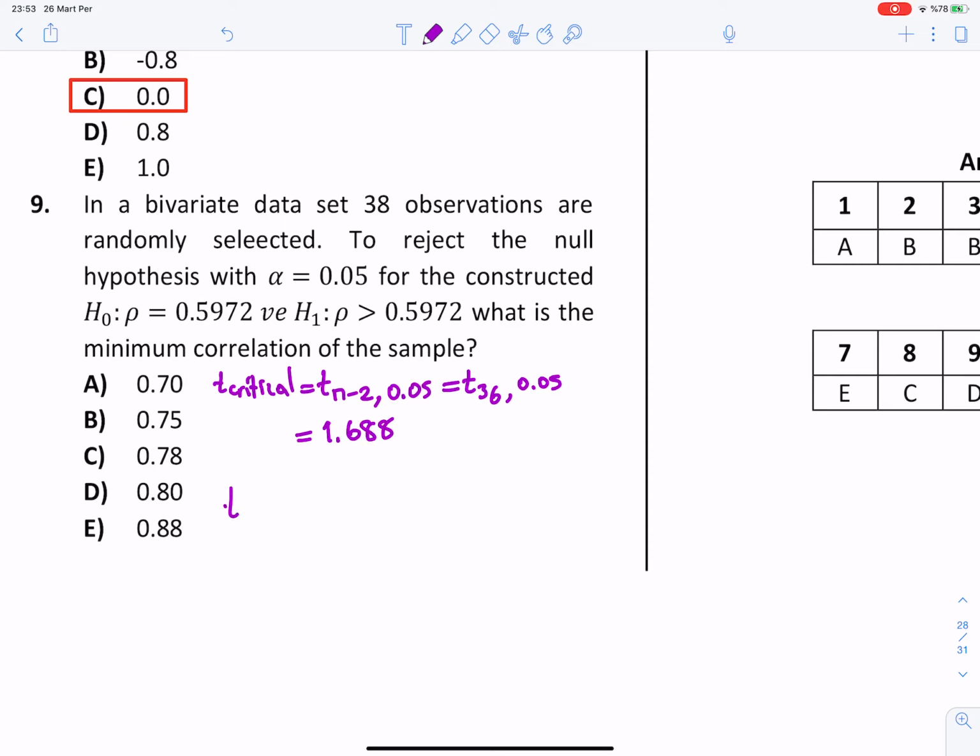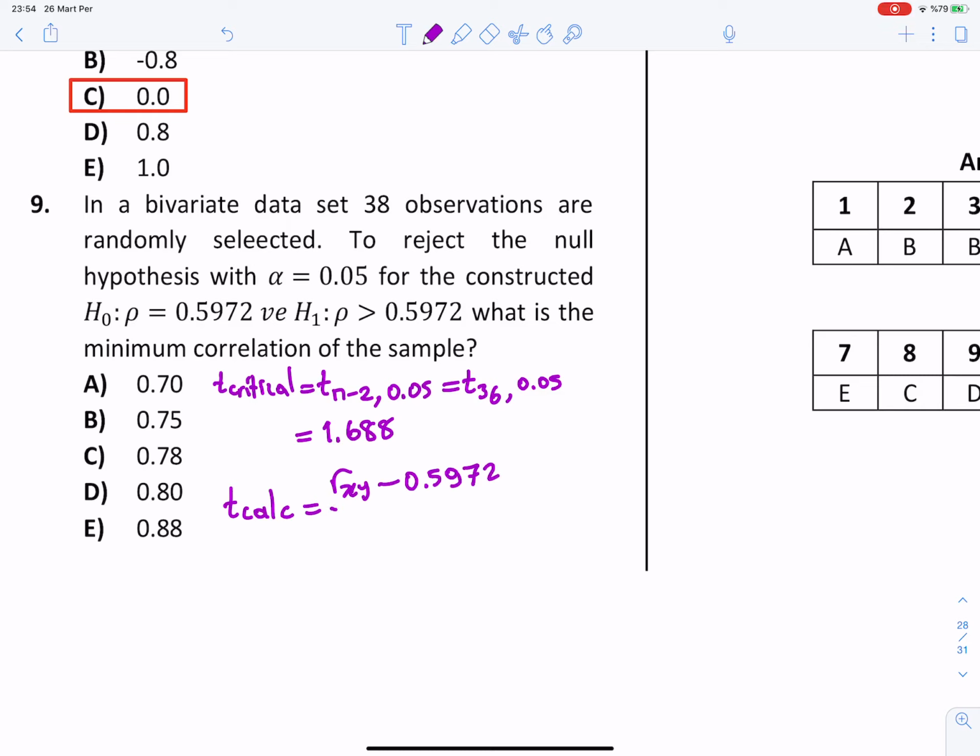I will know that the t calculated statistic, for rejecting the null hypothesis, should be at least 1.688 to get the minimum correlation. So the minimum correlation, the sample correlation r_xy for the Pearson. Remember, we show it in this way: minus 0.5972.